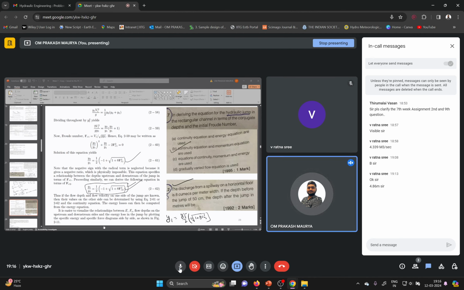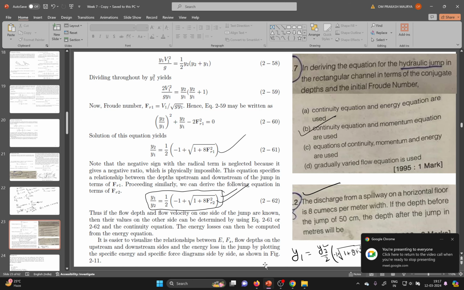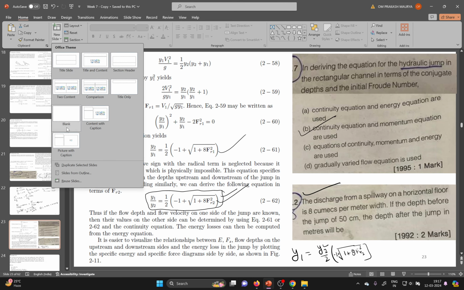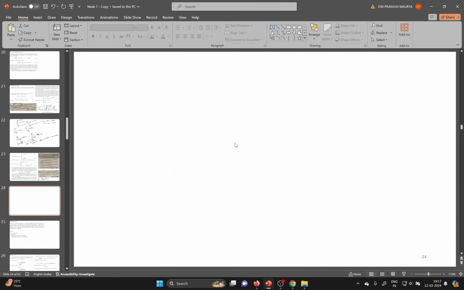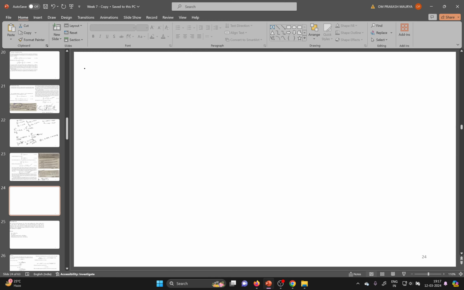Okay, you are telling 4.86. Let me check. For that I will take a new slide. The question is telling the discharge of a spillway, that is your small q, is given as 8 meter cube per second per meter.